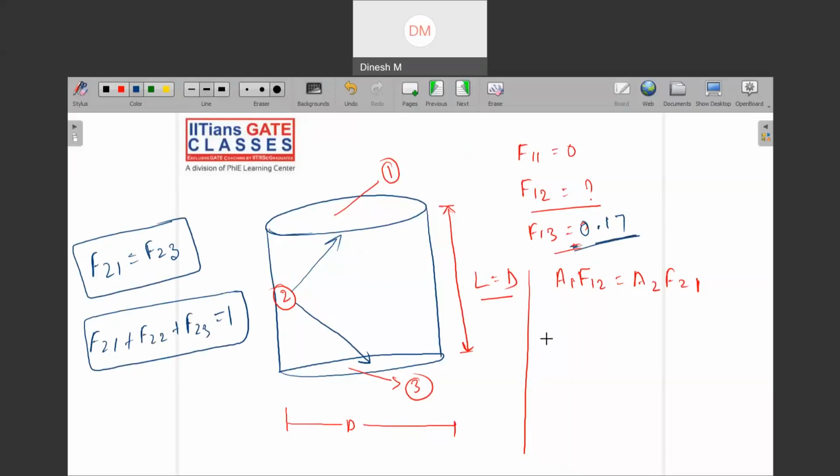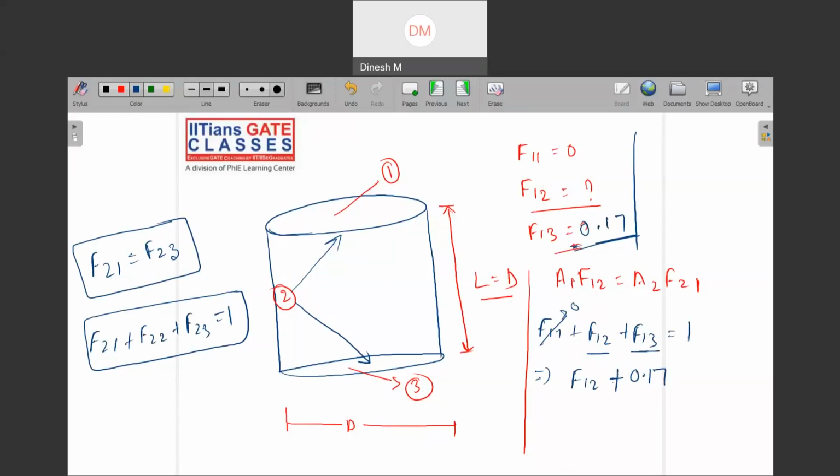So now let us first determine F12. F12 is determined by the summation theorem. So can I write F11 plus F12 plus F13 is equal to 1? F11 I know is 0, F13 is given, and F12 I need to find out using this relation.